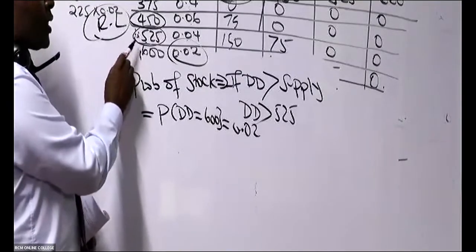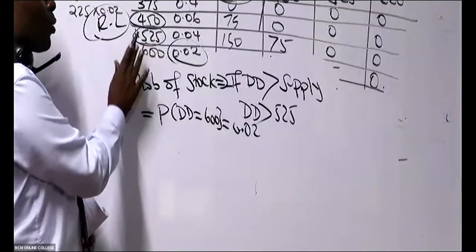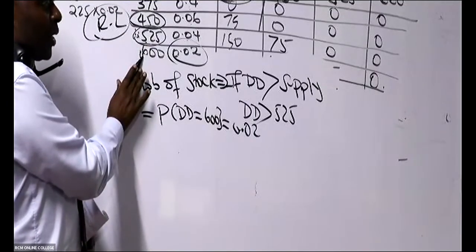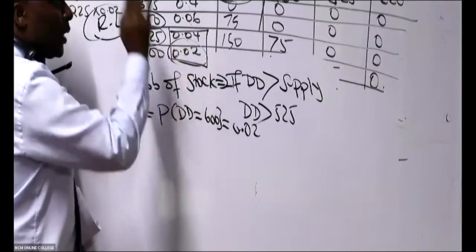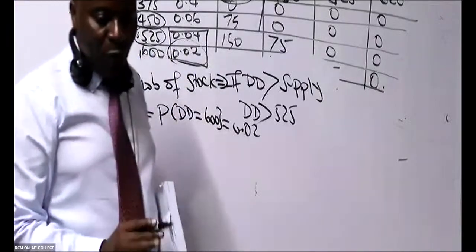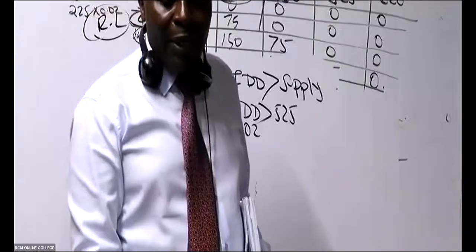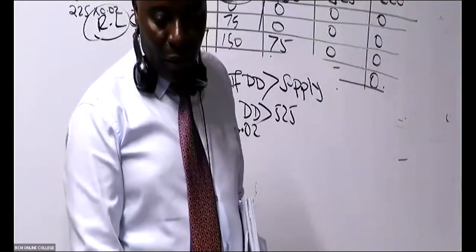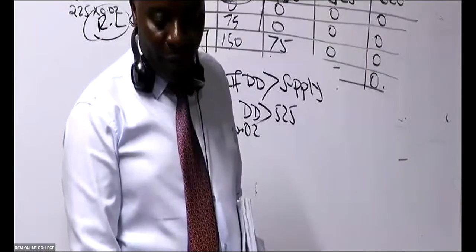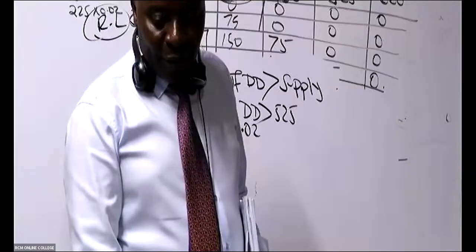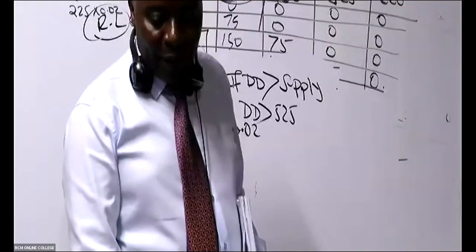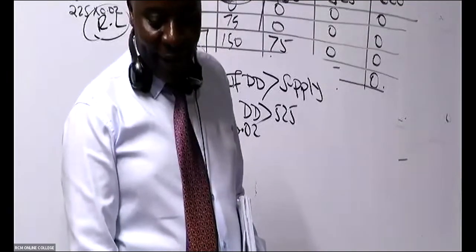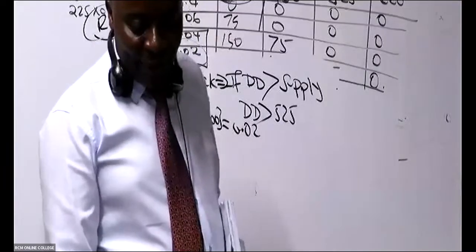It's either the probability of 525 or the probability of what here, somebody? 600. So you simply add the two probabilities. Or means add. So can we go to something serious now?